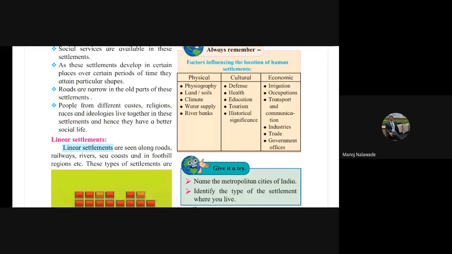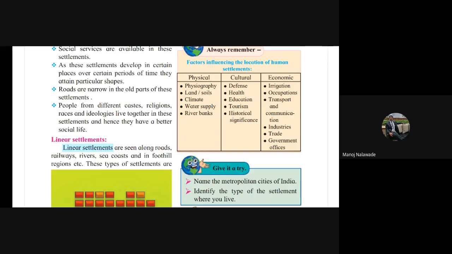Transport and communication: if transport and communication facilities are good at some places, people will settle there. If there is no road connectivity at some places in a mountainous region, people will not prefer to settle there. Even communication: at some places there is no network, no tower, and other communication facilities are also not there.